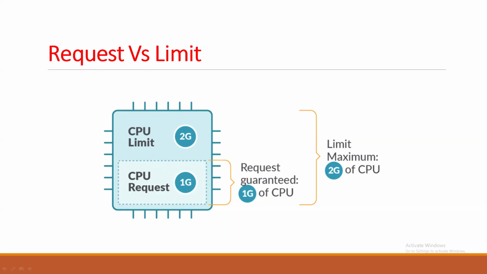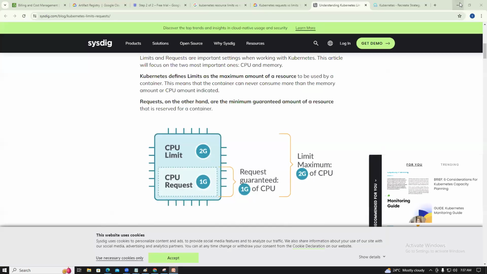So we created the limit and request. Once we created that, kubectl apply -f deployment. Then kubectl get deploy and the service account. You already know how to create the service account.